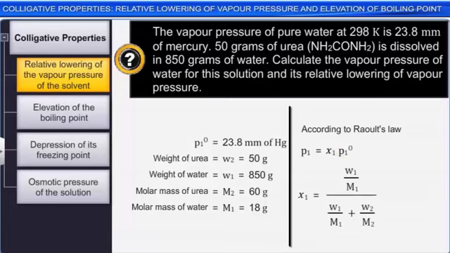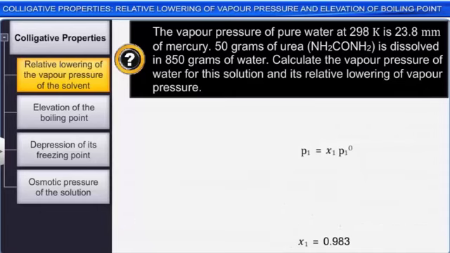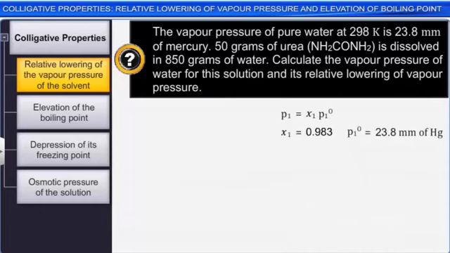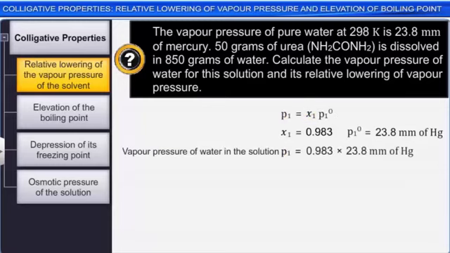Substituting the given values of W1, W2, M1 and M2, and on solving, we get X1 is equal to 0.983. Substituting this value of X1 in the expression, we get the vapor pressure of water for this solution, P1, is equal to 0.983 multiplied by 23.8, which is equal to 23.395 mm.